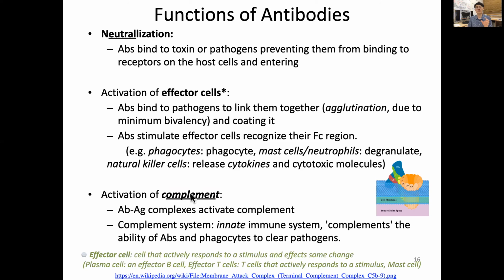The name comes from the fact that it is complementary to our immune system. These antigen-antibody complexes activate this complement system, which is part of our innate immune system, which means it's not that specific. So it complements the ability of antibodies and phagocytes to clear the pathogens.